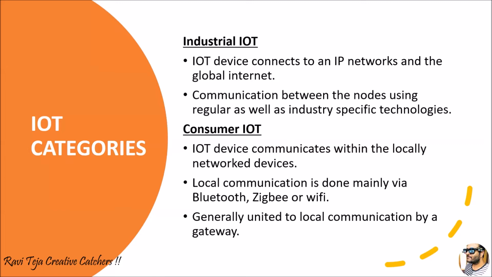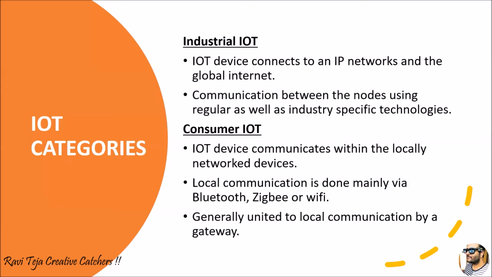So industrial-specific technologies with respect to communication between machine to machine or node to node are considered industrial IoT. On the whole, an industrial IoT is nothing but controlling or monitoring particular machineries with respect to an IP address or IP networks using the internet, which can be monitored or controlled globally.